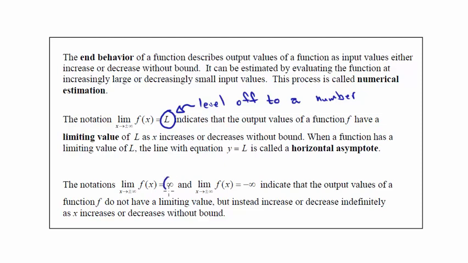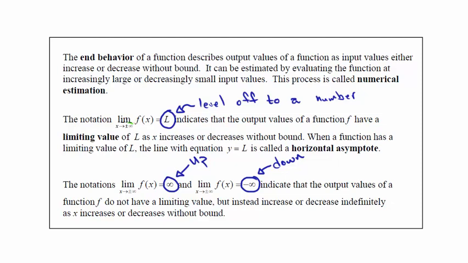Okay, if we go up, then we're saying the output is shooting up to infinity. If we're going down, then we would use negative infinity. Now what makes this tougher though is that we also have an infinity underneath the limit symbol.